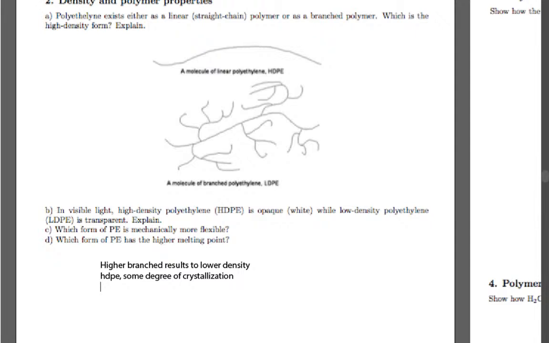So with HDPE, the light would be scattered. That means it would be white colored instead of passing through. Okay, then I guess that's the answer.